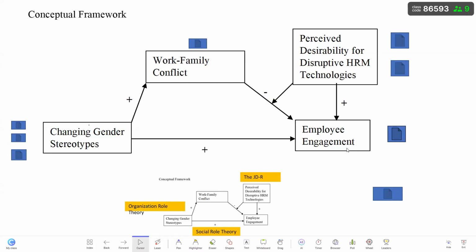In order to boost that reduced employee engagement, we inserted the technology factor into this particular model as a positive variable, a positive impact. Then we found that employee engagement can significantly increase through this variable. So this is the research problem, found, defined and conceptualized.